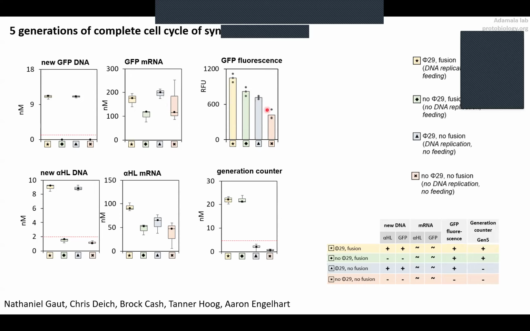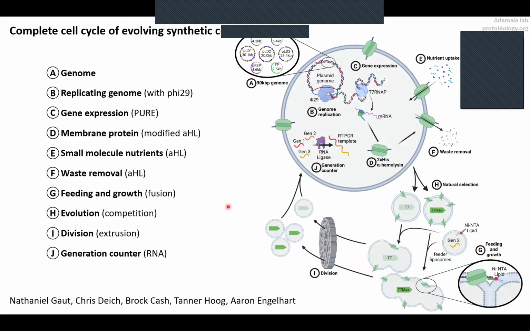The fact that we have any detectable signal means the generation counter shows that we did go through 5 cycles of growth and replication. So what we have here is a genome that gets replicated, proteins that get expressed, and cells that grow, and then go through generation after generation after generation.